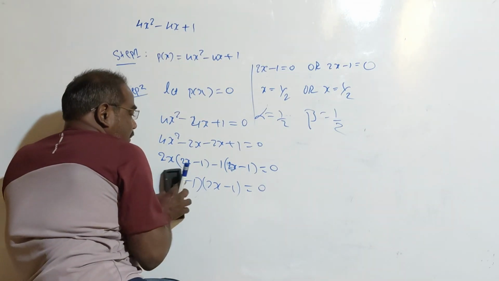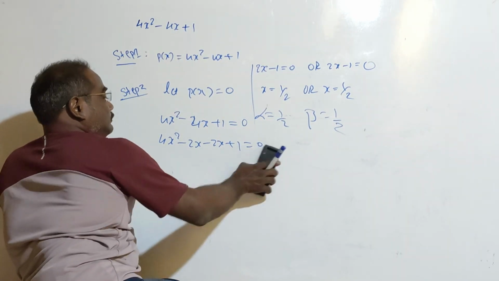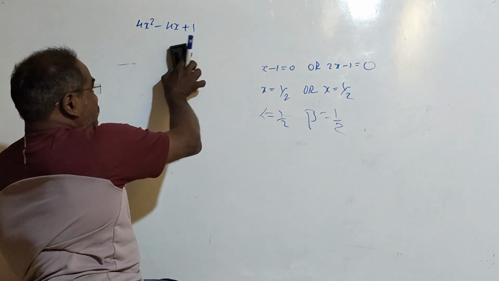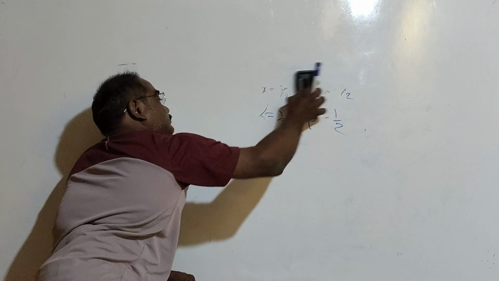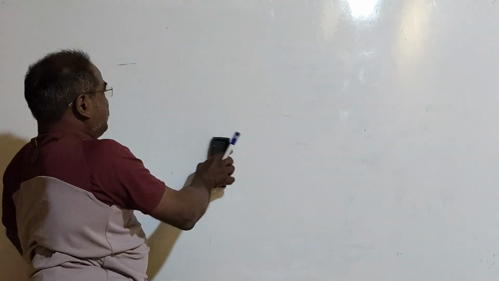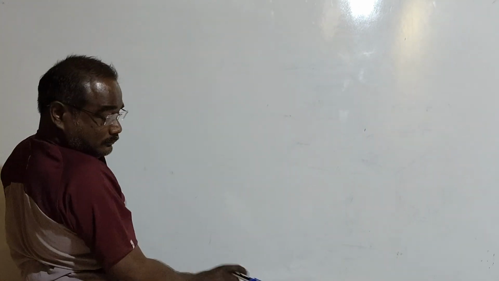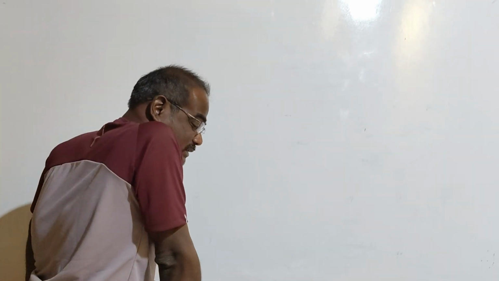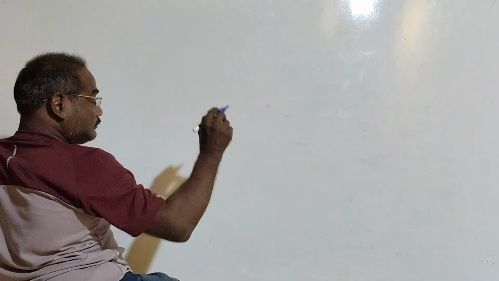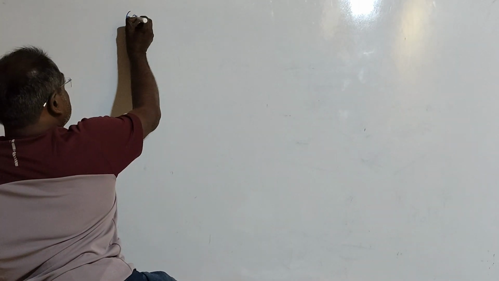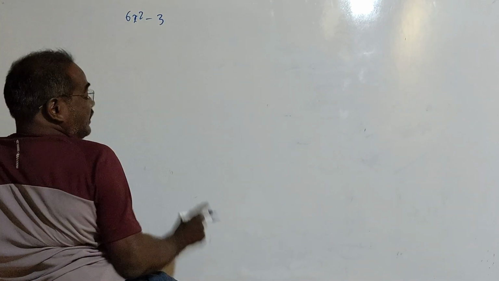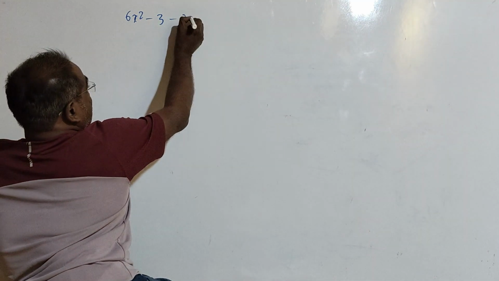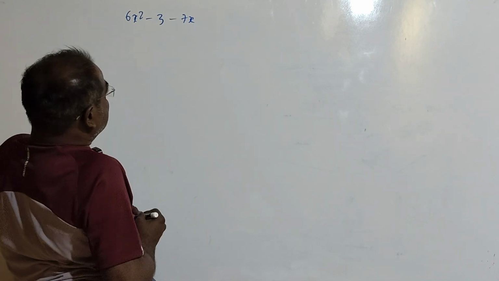Let me go for example number 3. Example number 3 is 6x square minus 7x minus 3.